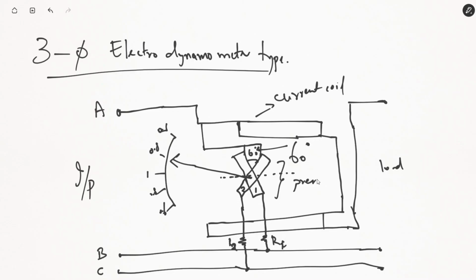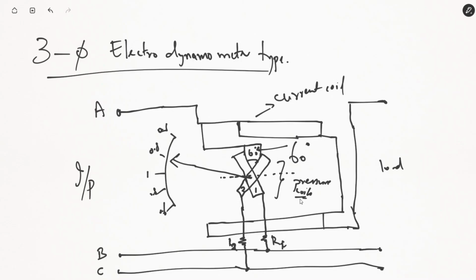In case of a three phase, what you do is one coil, say for example coil segment 1 here, will be connected between phase A and phase B. Another coil, that is coil 2 of the pressure coil, will be connected between phase A and phase C. Now you do not need to introduce an inductance here because there is already a natural phase angle between VAB and VAC.